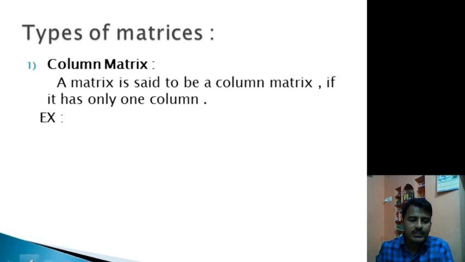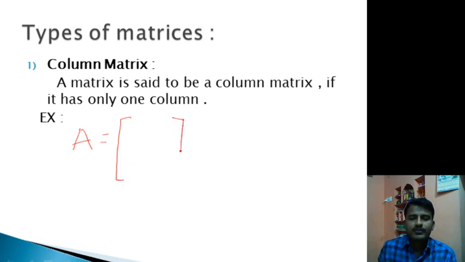Let me take some examples. I will take a matrix A is equal to. So what is the definition of a column matrix? If it has only one column, I told you yesterday.